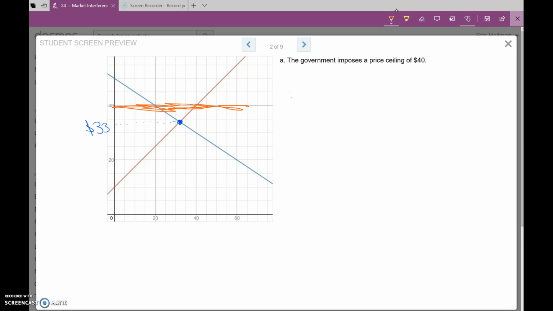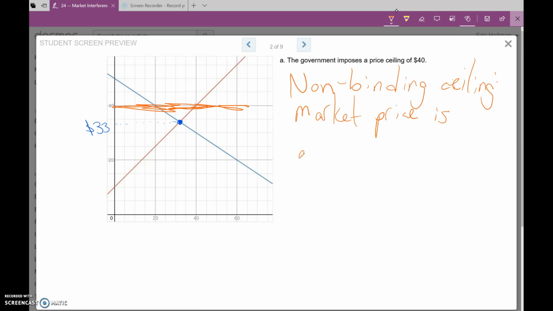So this is an example of a non-binding ceiling. This happens when the market price, so what the market's doing without any interference, is already below the ceiling set by the government.